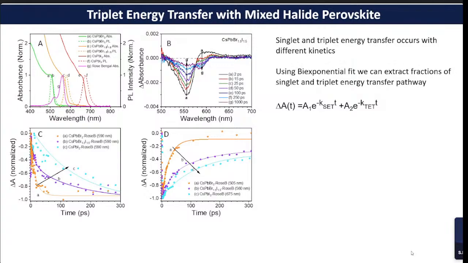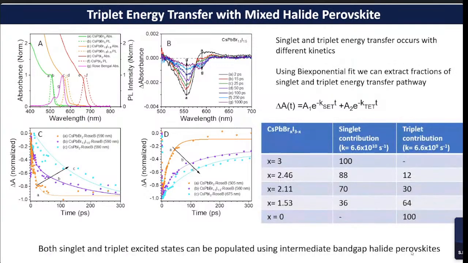And again, you can do the same thing. What we did was use this bi-exponential kinetics and set the singlet energy transfer and triplet energy transfer constants using the values from here, and then analyze the intermediate state, where A1 and A2 correspond to how much fraction of singlet and how much triplet we are getting.